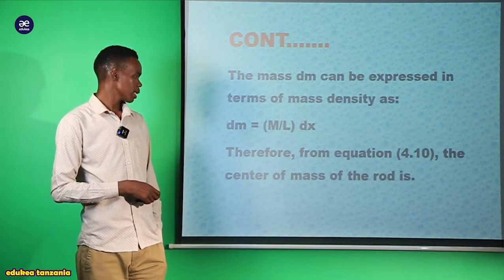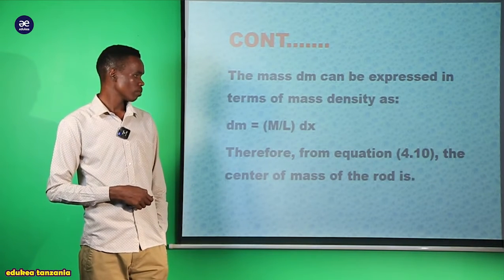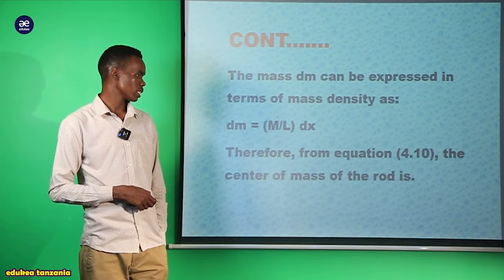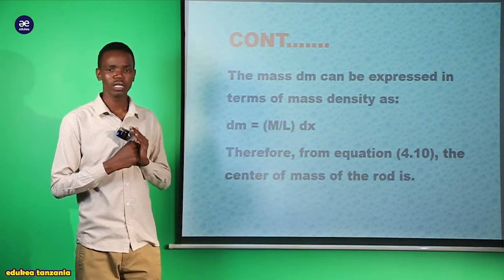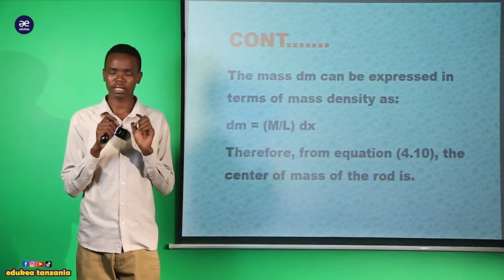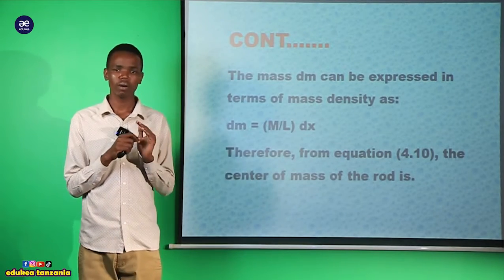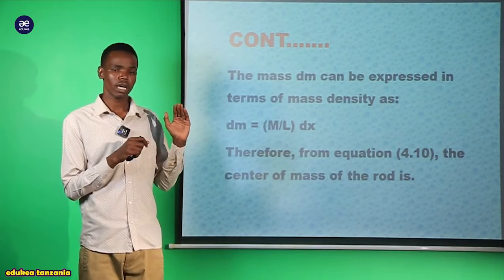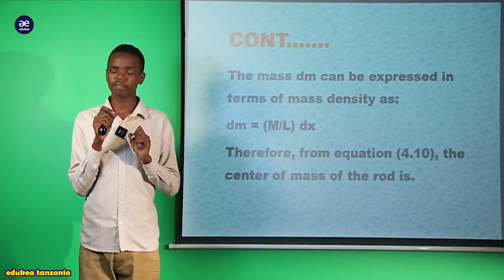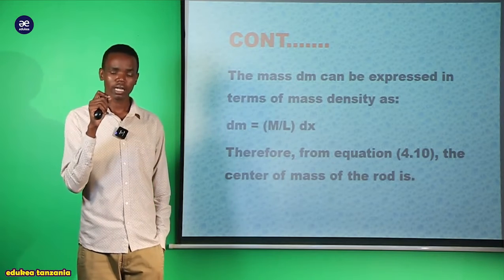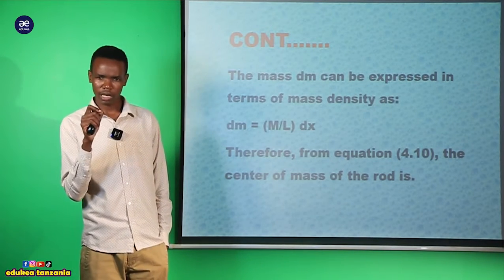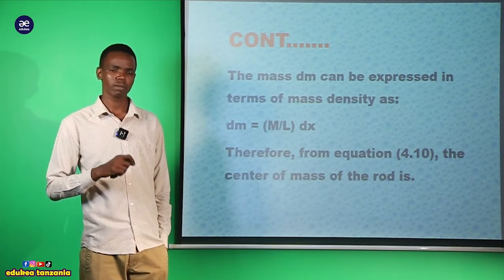So after there, my dear student, therefore from the equation 4.10 the center of mass of the load is here. Kwa baada ya kudemonstrate sasa kwamba huyu mass dm, huyu small mass ambaye tumemsema ni sawasawa na mass density, it means ni sawasawa na mass divided by length times the small distance at distance x from the fixed point.